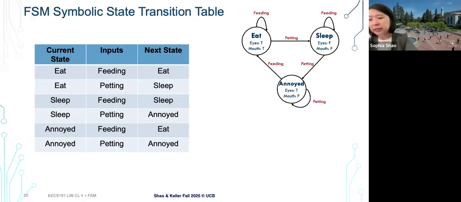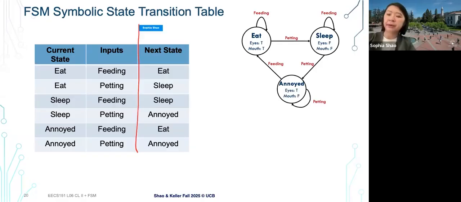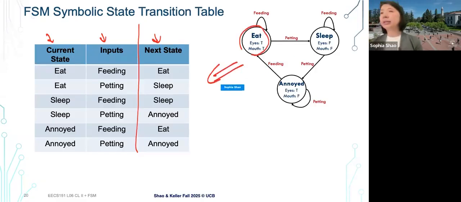You can think about this as a truth table for the next state, where we have the current state and another input. Those help us determine the next state of the FSM. So it's basically converting this diagram into a truth table representing the state transition.